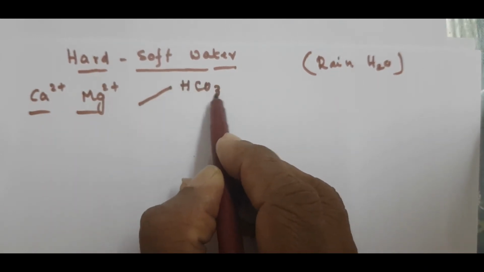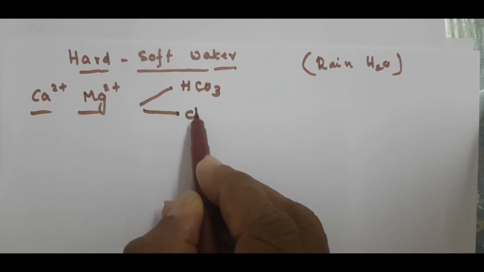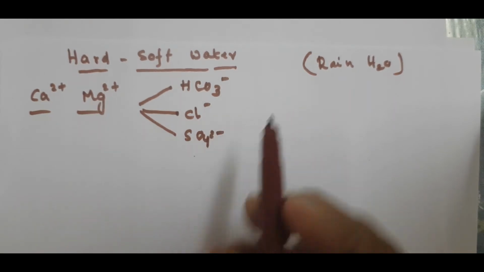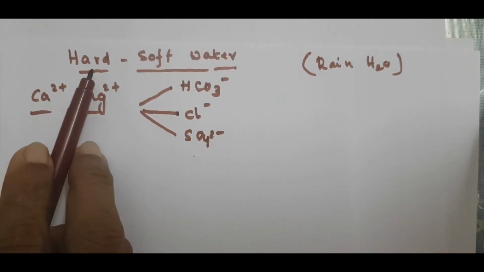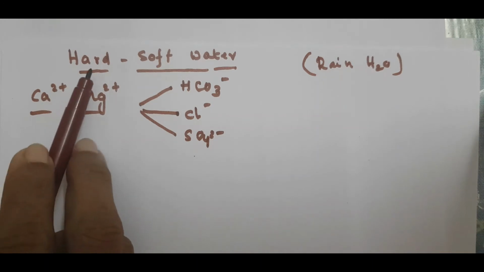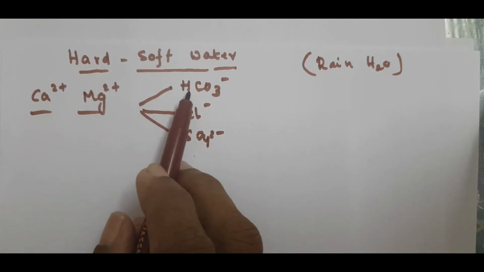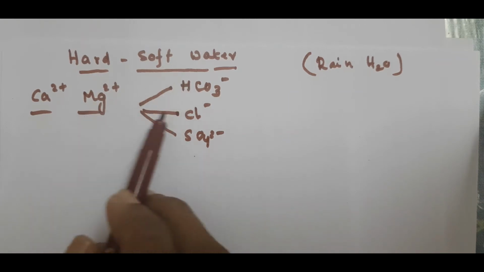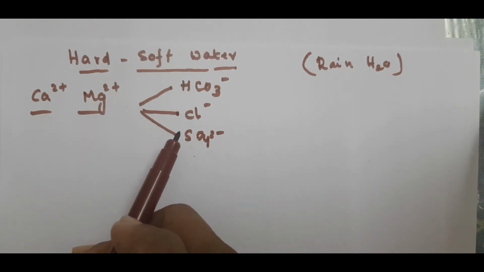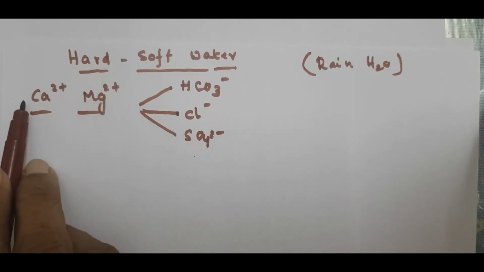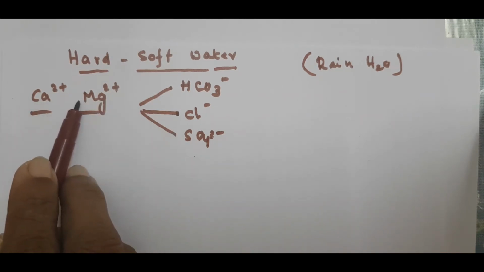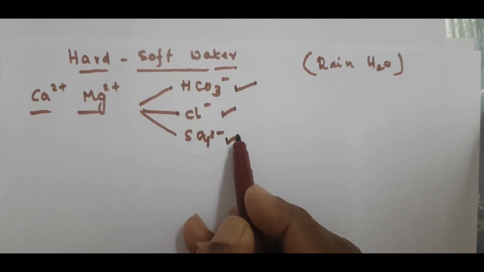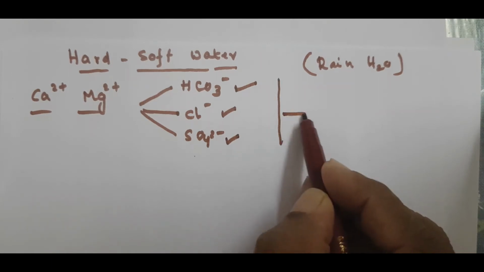In the form of bicarbonate, chloride, or sulfate salts. In hard water we can have calcium bicarbonate, calcium chloride, or calcium sulfate, or magnesium bicarbonate, magnesium chloride, or magnesium sulfate. So the presence of these calcium and magnesium salts in the form of hydrogen carbonate, chloride and sulfate makes this water hard.